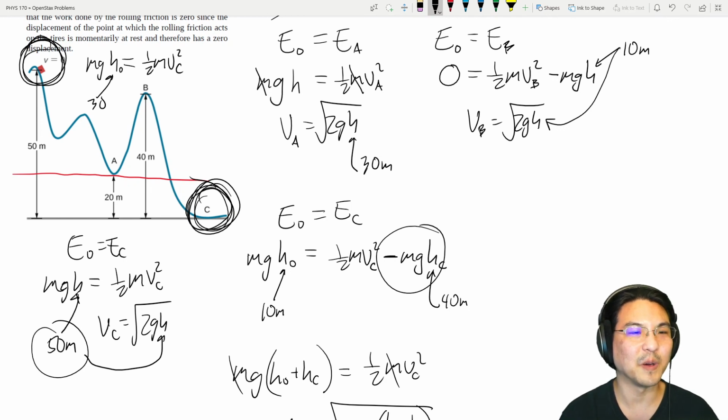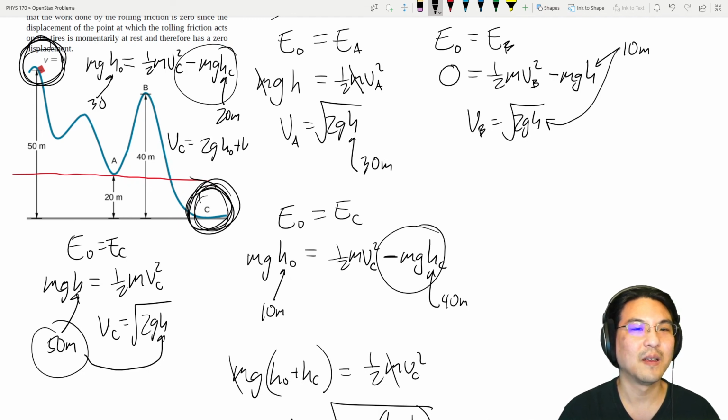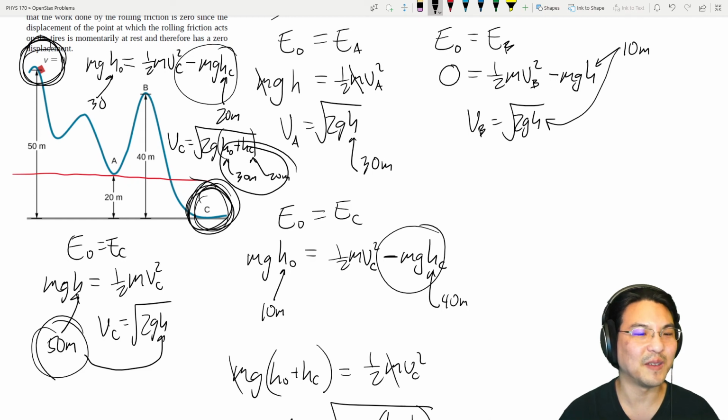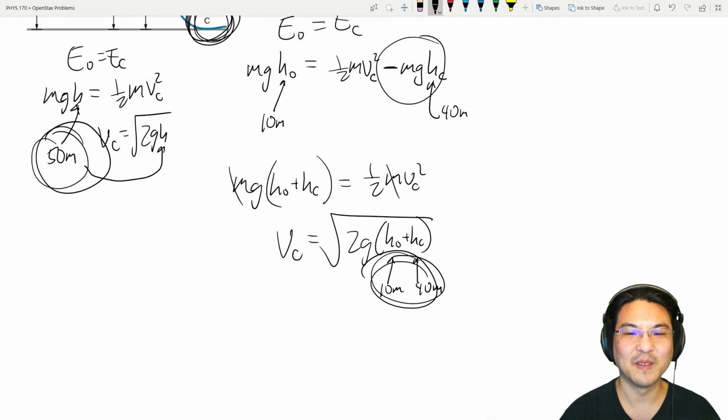And now we're 20 meters below the datum, minus, where this is 20 meters below. So let's solve for v, move this over to this side. v is the square root of 2gh, where that's 30 meters and that's 20 meters. See how that's still 50? Like this is 50, like this is 50.